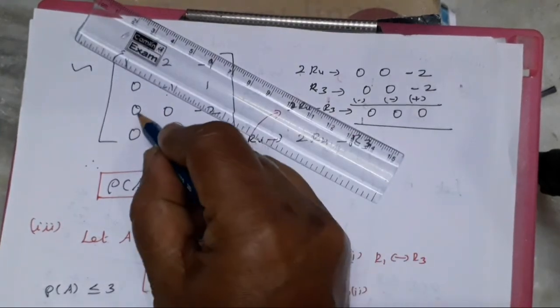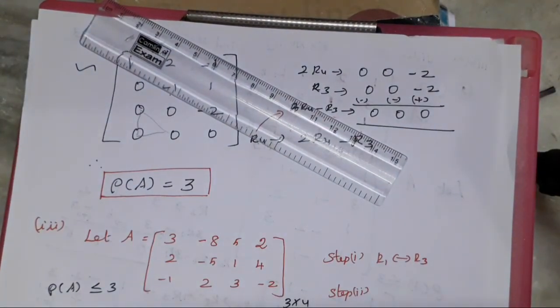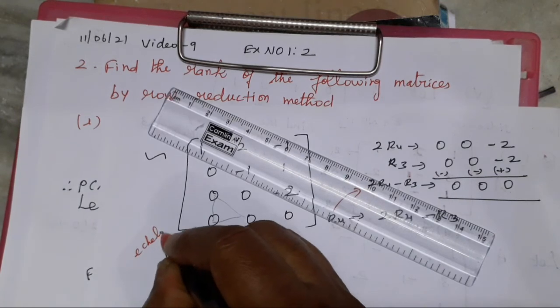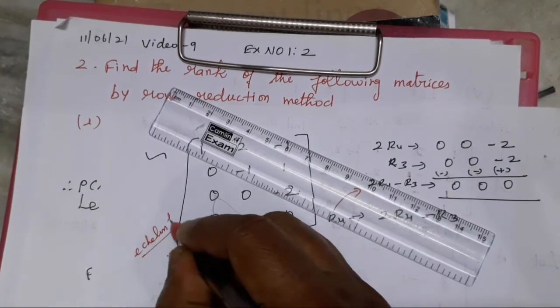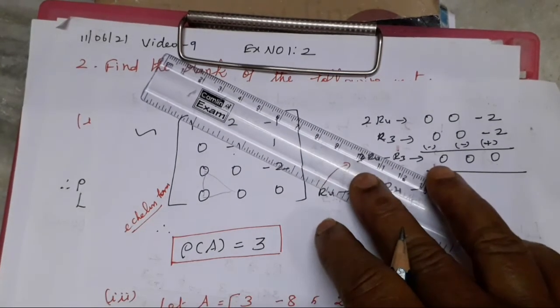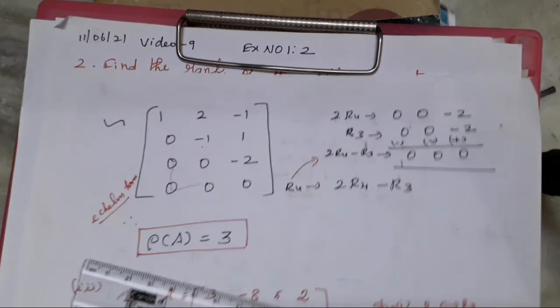We come to the echelon form. This is nothing but what form? Echelon form. Echelon form is nothing but that below the main diagonal all the elements are 0. Now how many non-zero rows?